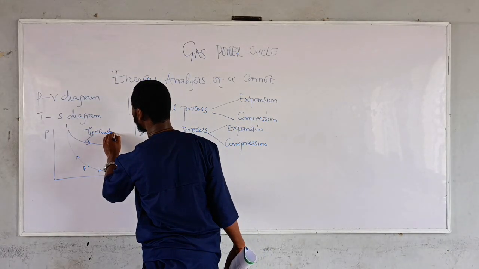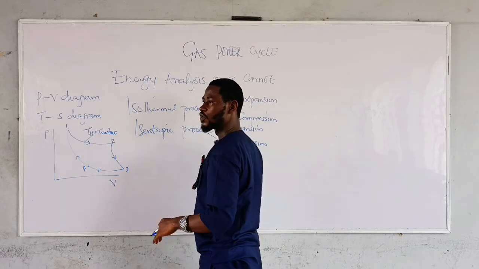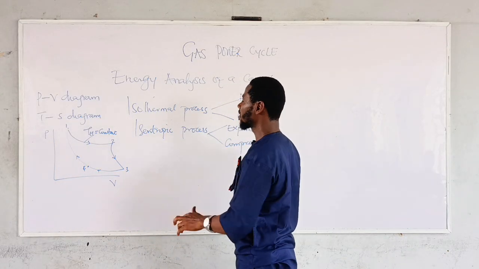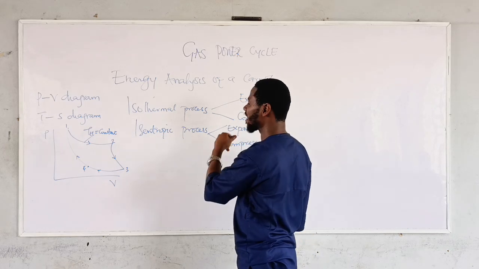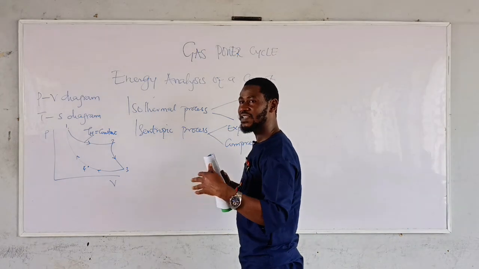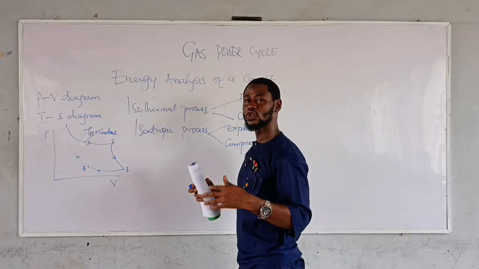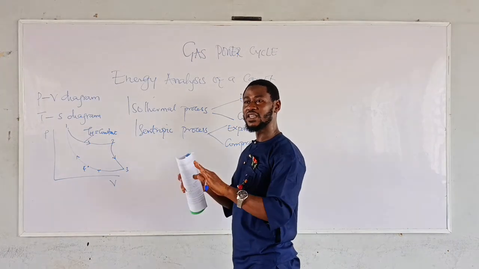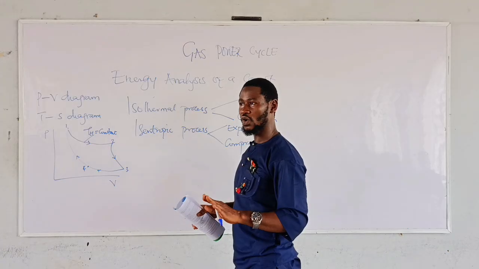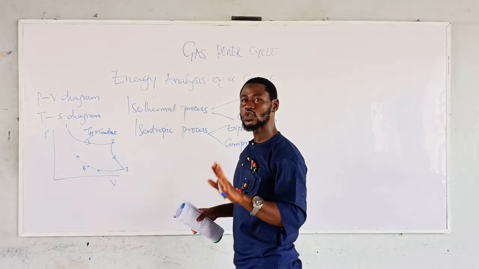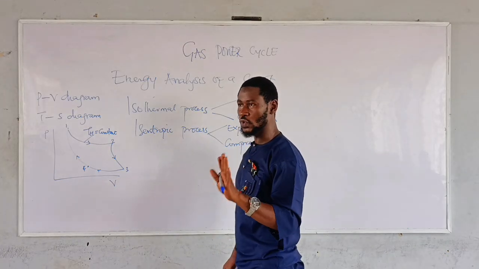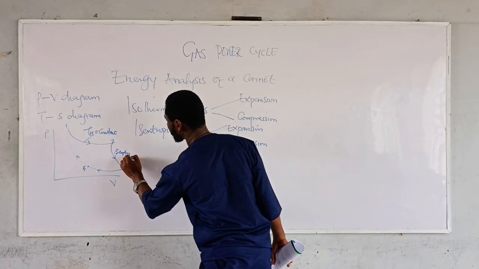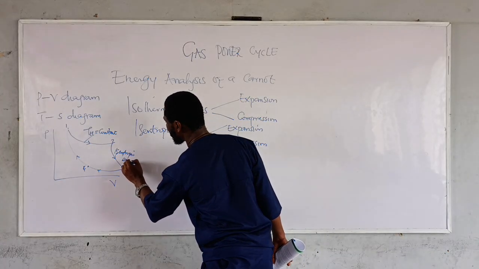This is where heat is added to the system. Process 2 to 3 is an isentropic expansion process. Whenever we talk about an isentropic process, heat is not allowed to come in or go out of the system, so Q in that state tends to 0.